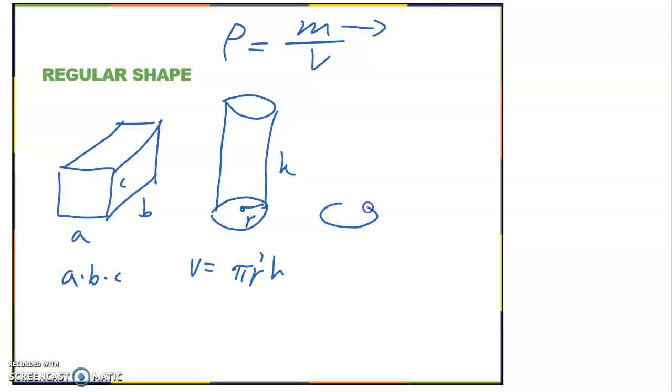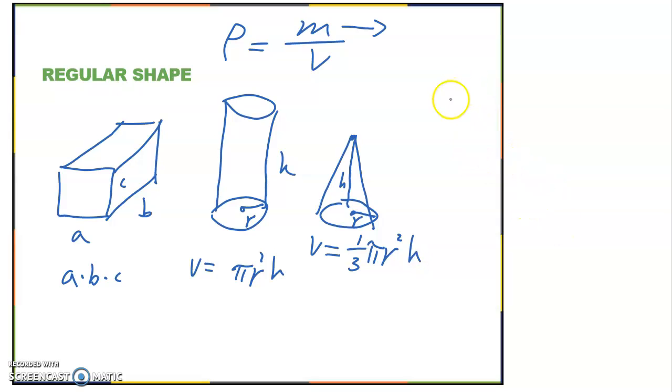If the shape is a cone, where the radius is R and the height is H, the volume of the cone will be equal to 1/3 pi R squared times H.